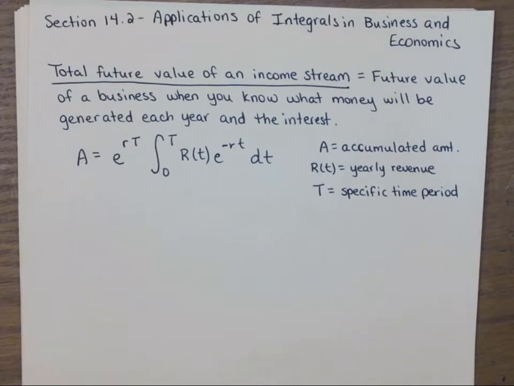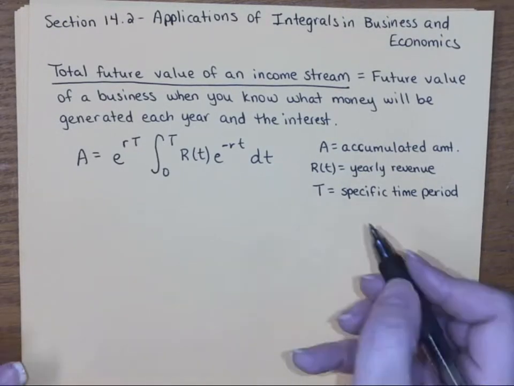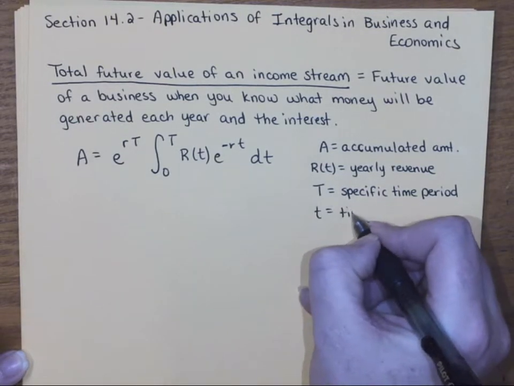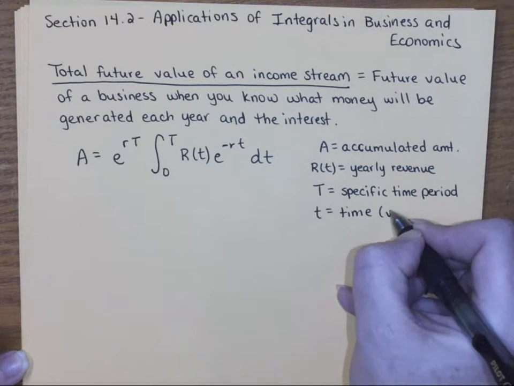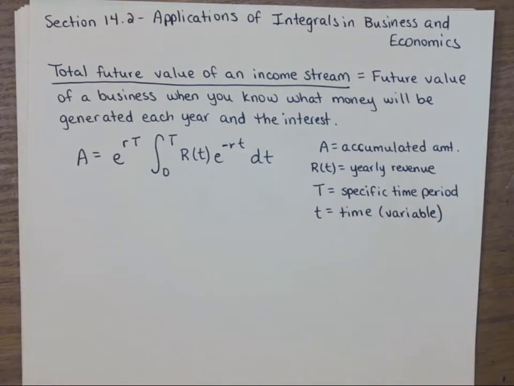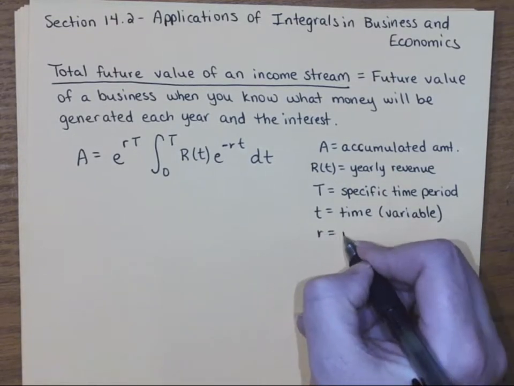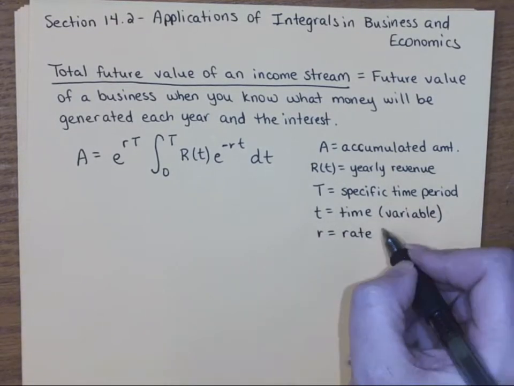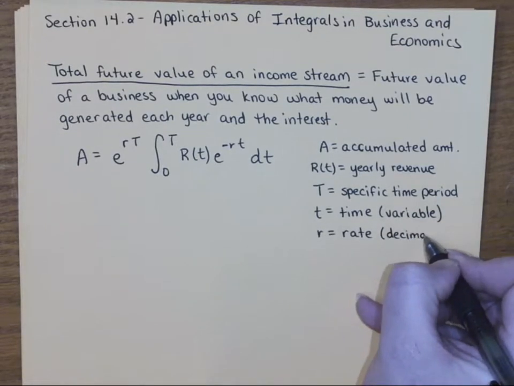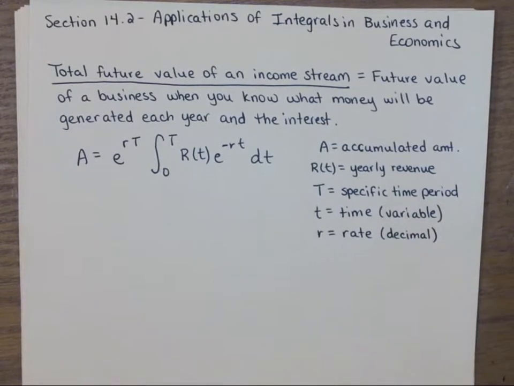Or the next 10 years, and that would be 10. But little t is just time in general, the variable time. In other words, instead of x in this problem, we're using the variable t. And then r, no shocker since we're talking about interest, is a rate, but make sure you know that is as a decimal. Like if it's 5%, it would be 0.05.